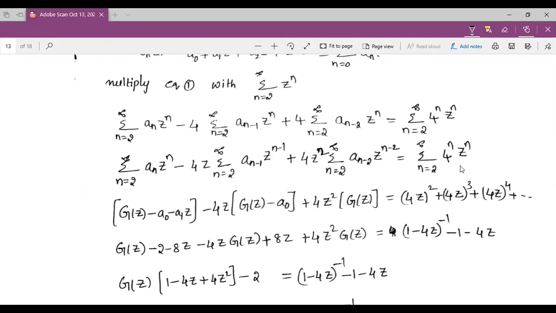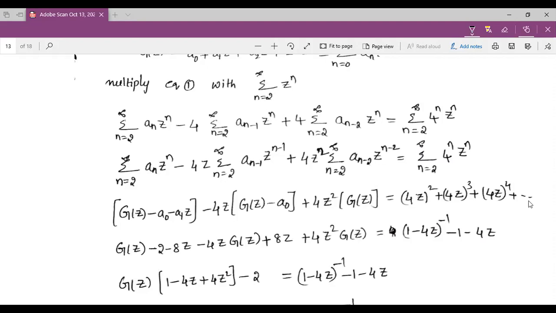The right side is (4z)^2 plus (4z)^3 plus (4z)^4 and so on. Now we substitute the initial values a0 and a1. We get g(z) minus 2 minus 8z minus 4z g(z) plus 8z plus 4z square g(z) is equal to this series.